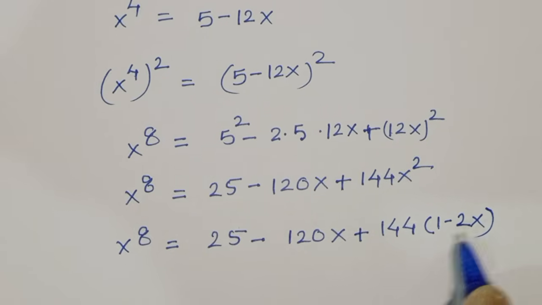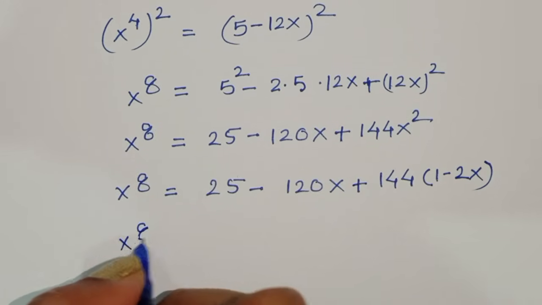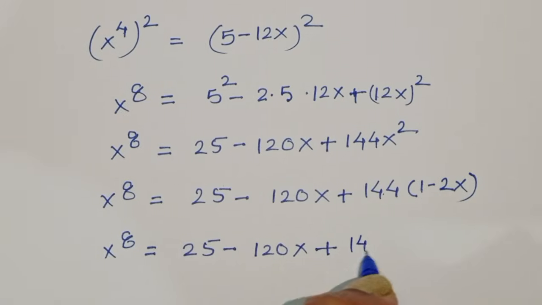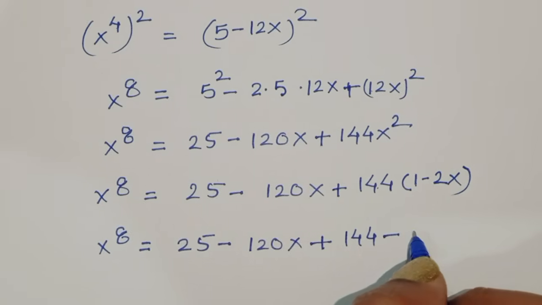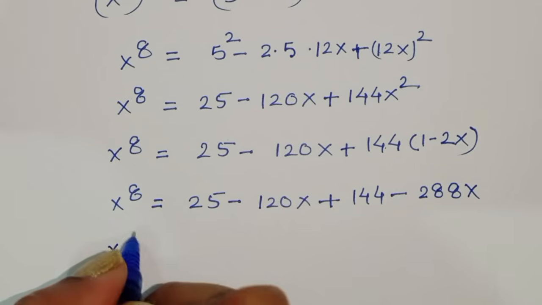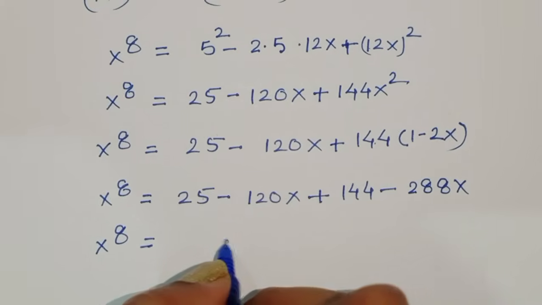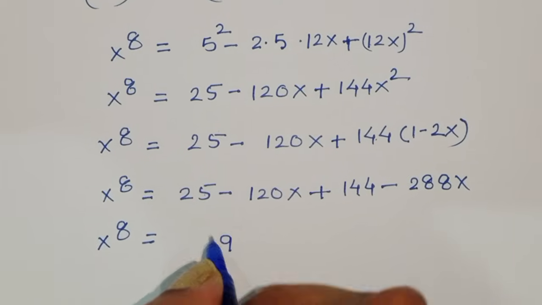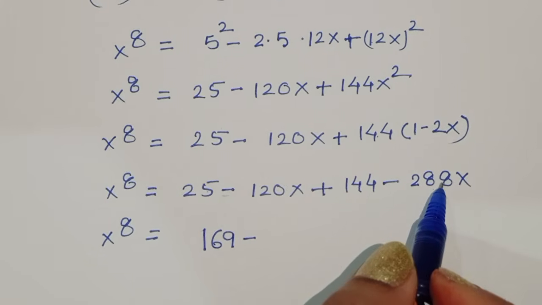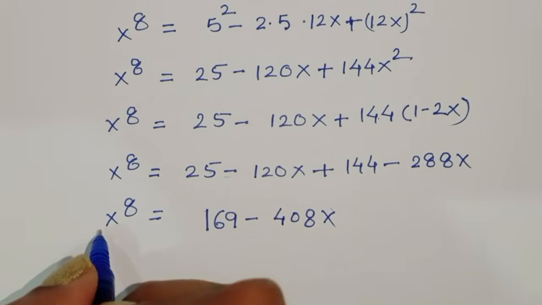So we substitute that value here: x power 8 is equal to 25 minus 120x plus 144 times (1 minus 2x), so 144 minus 288x. Adding the terms, 25 plus 144 is 169, and minus 120x minus 288x gives minus 408x.